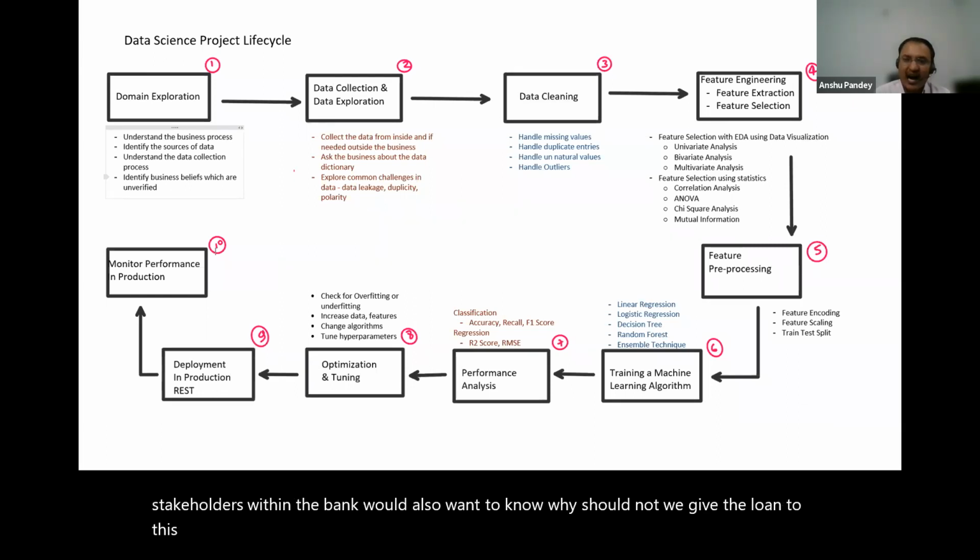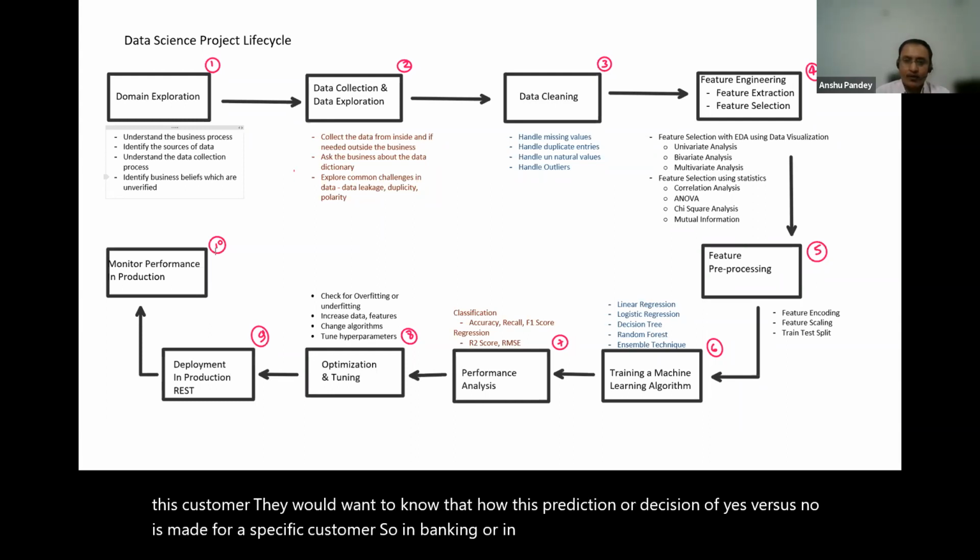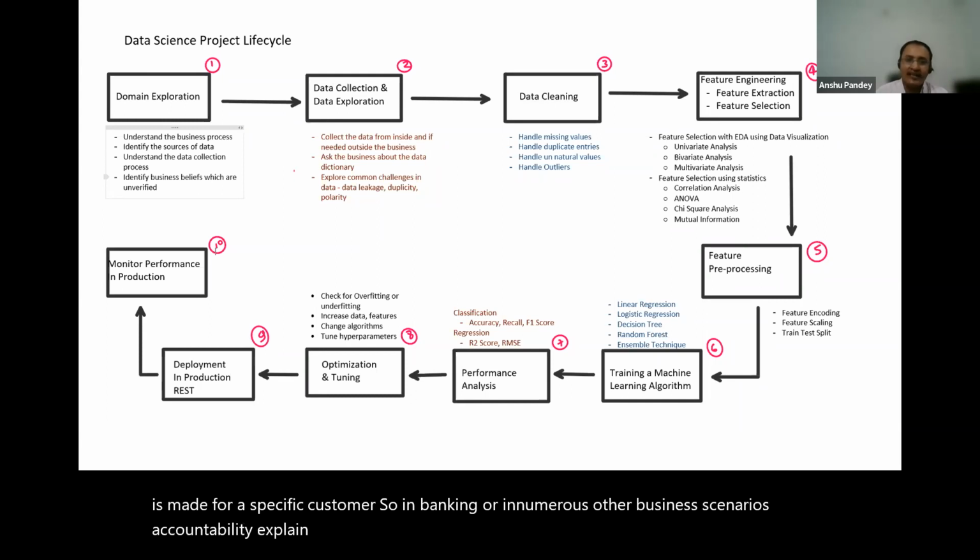They would want to know how this decision of yes versus no is made for a specific customer. So in banking or in numerous other business scenarios, accountability and explainability are super important in addition to making the prediction, right? Otherwise, people do not trust AI or ML, right?